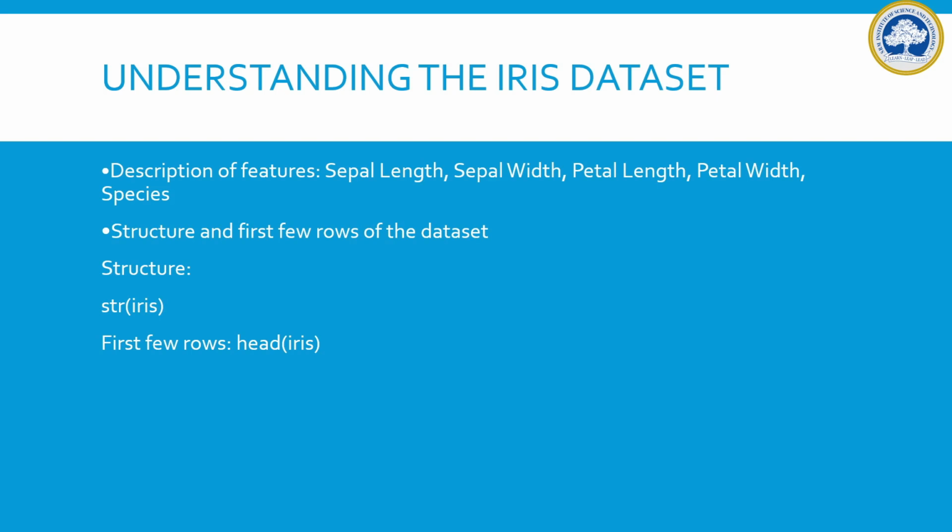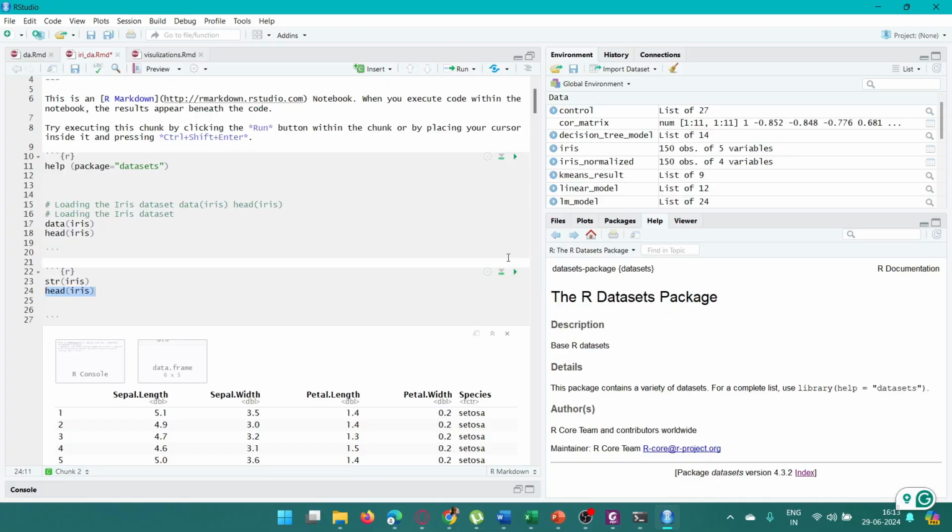Let's see the R response for these commands in the R environment. So this is the R environment. As we already discussed, if you want to understand which datasets are available for analysis in R, you can use the help(package = "datasets") command.